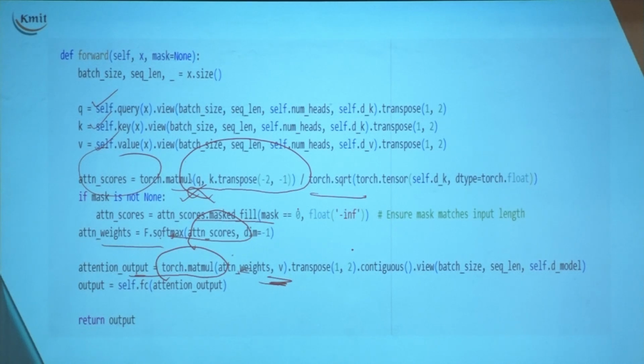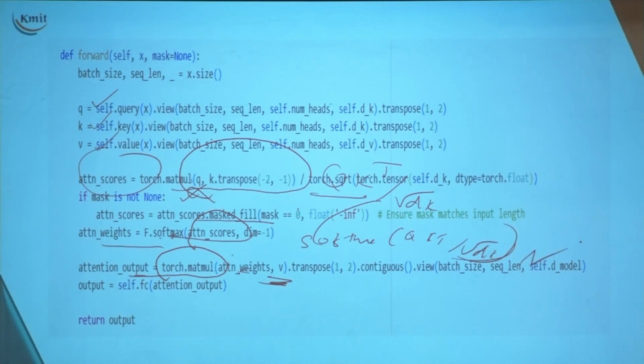Yes or no? What are attention scores? Attention scores is QK transpose divided by square root of dk. What are attention weights? Softmax of QK transpose divided by square root of dk. What is the final output? This into V. Got it?